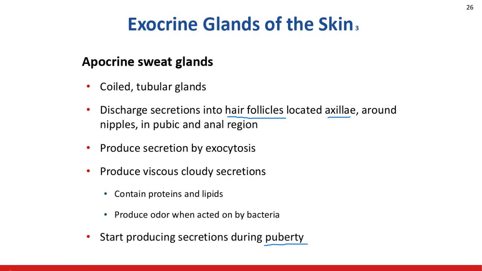How I remember it is the axilla: people don't start really growing hair there until they hit puberty, and these cells are located around those regions. They are going to get rid of their secretions through the same process, exocytosis. But in this situation, the apocrine glands are going to produce a thicker kind of secretion, or what we call more viscous.